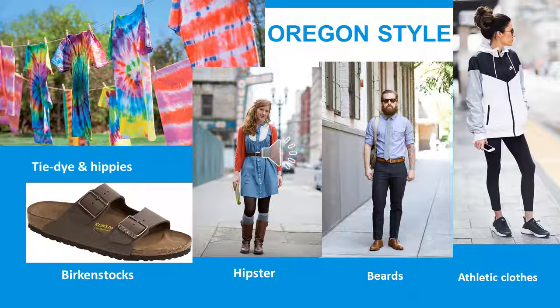And in the cities, such as Portland, which is the biggest city, there are a lot of hipsters, and they wear clothes like in these images. And the men have tattoos, which is quite popular nowadays.